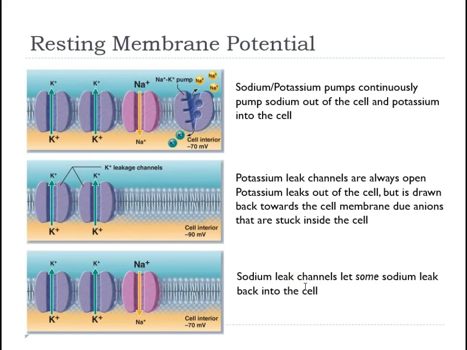So how do we get back to resting membrane potential? We have a sodium-potassium pump, and you can see it right here. What happens is, for every 2 potassiums that come into this pump, 3 sodiums are pumped out. So 2 potassiums in, 3 sodiums out.